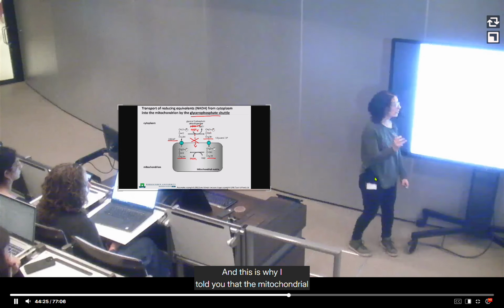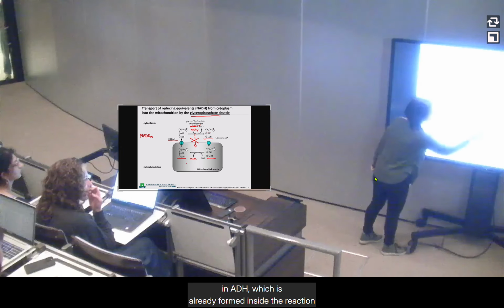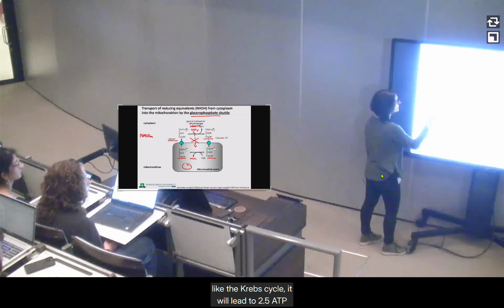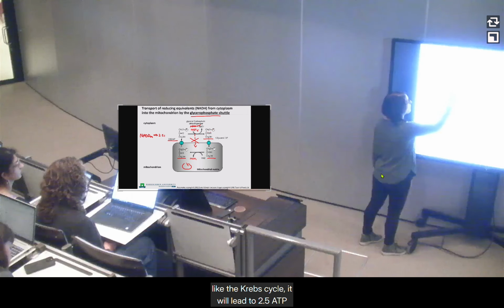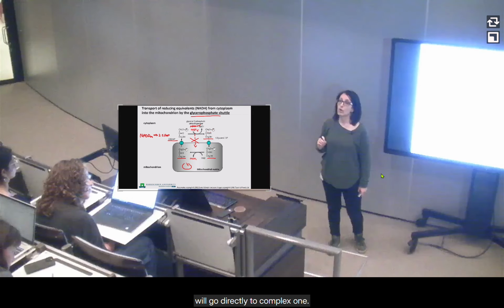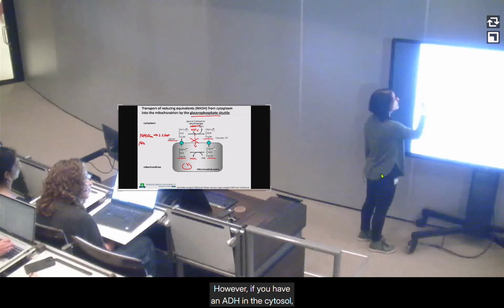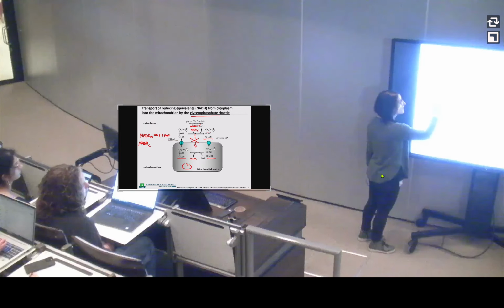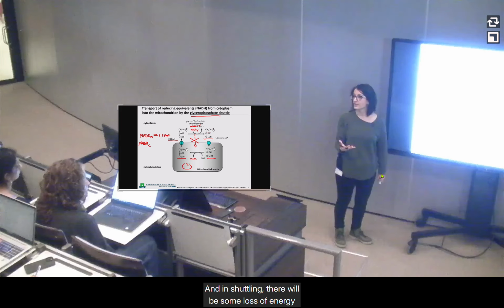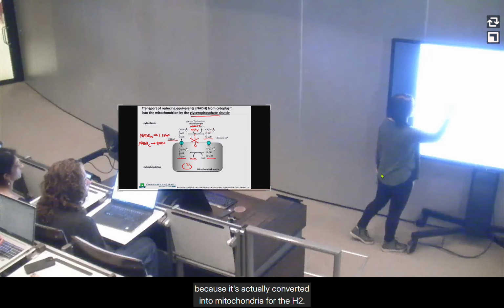And this is why I told you that the mitochondrial NADH, which is formed already inside the mitochondria, and we will see in a moment, like in the Krebs cycle, will lead to 2.5 ATP because it goes directly to complex 1. However, if you have NADH in the cytosol, it needs to use the shuttle, and in shuttling there will be some loss of energy because it's converted into mitochondrial FADH2.